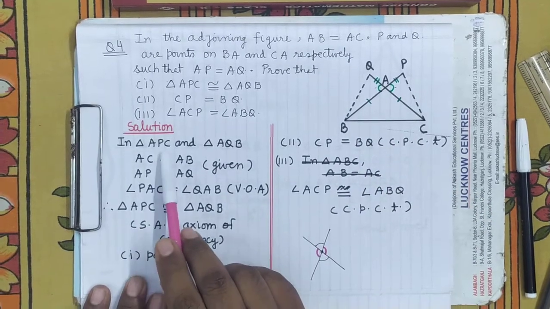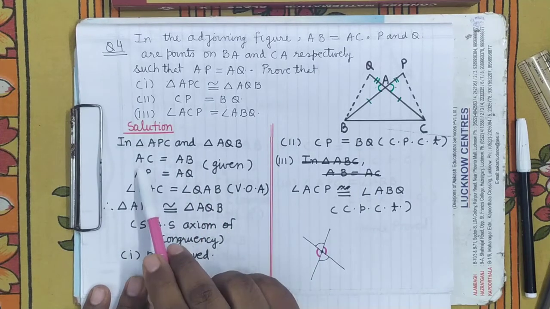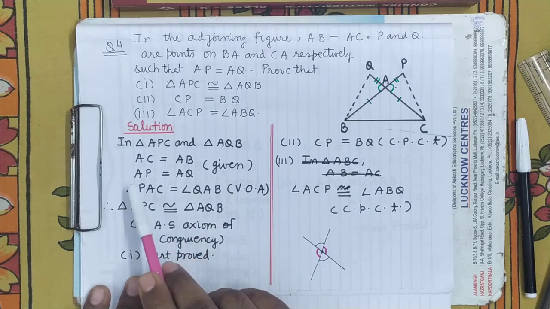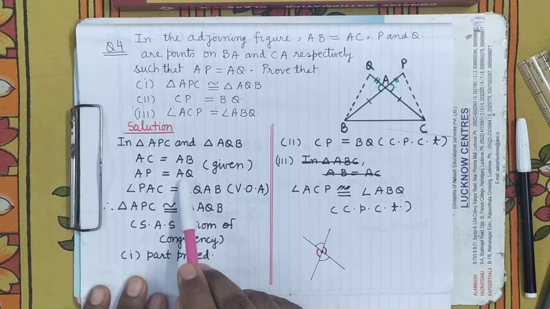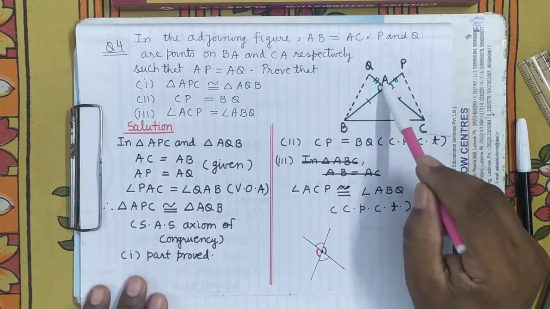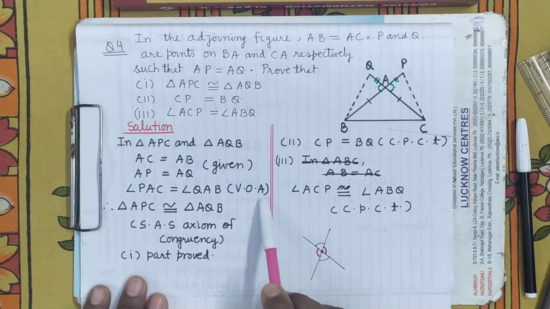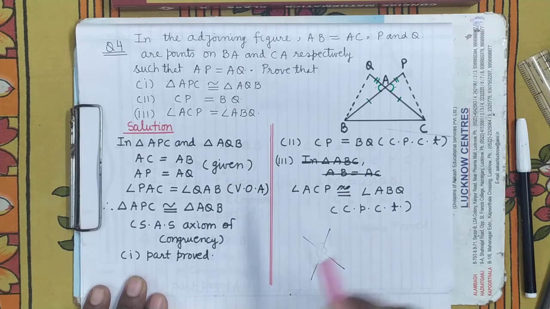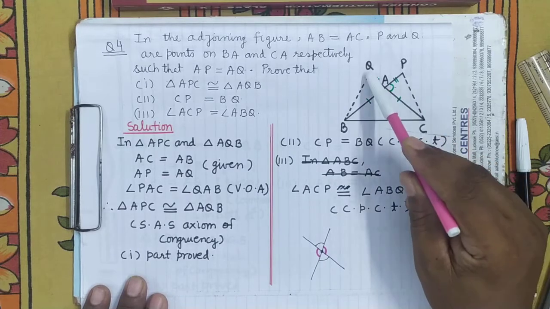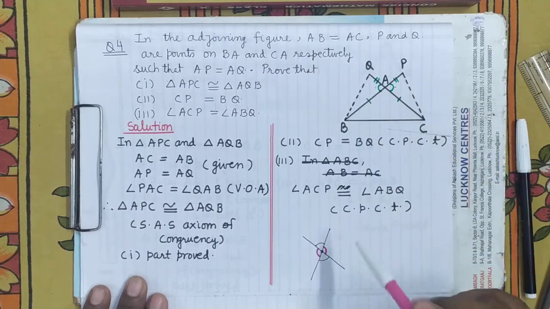So in triangle APC and triangle AQB, AC equals AB, AP equals AQ, angle PAC is equal to angle QAB, vertical opposite angle. In short, we write like this. Therefore, triangle APC will be congruent to triangle AQB.